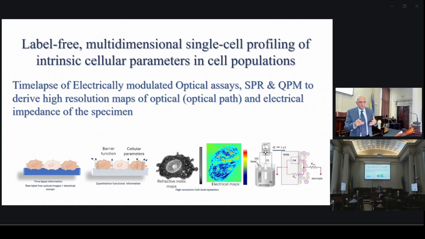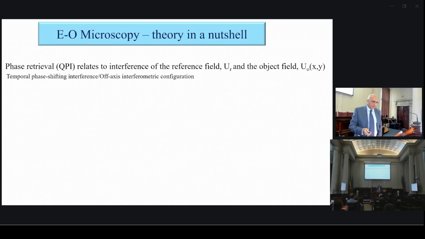What I just wanted to tell you is that this information is complementary to the standard optical one, and this is label free. So that's the good news, and I don't know about bad news for this.